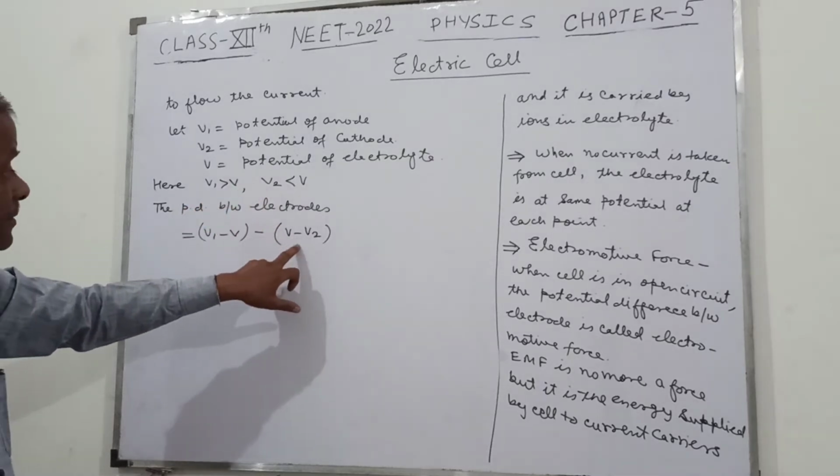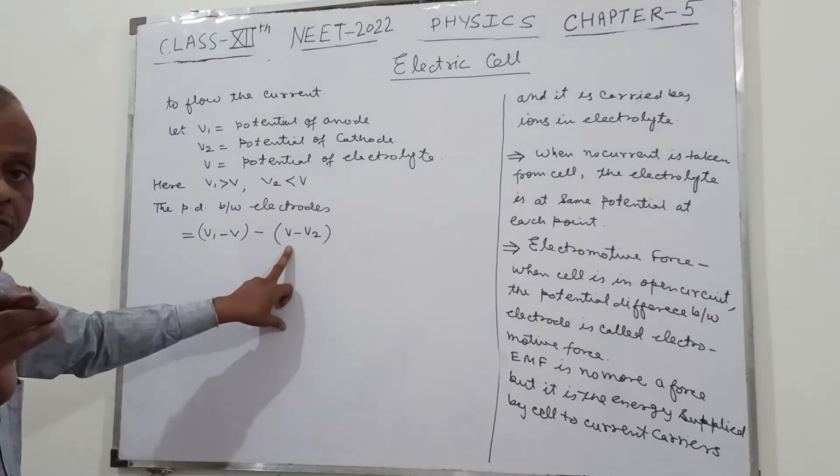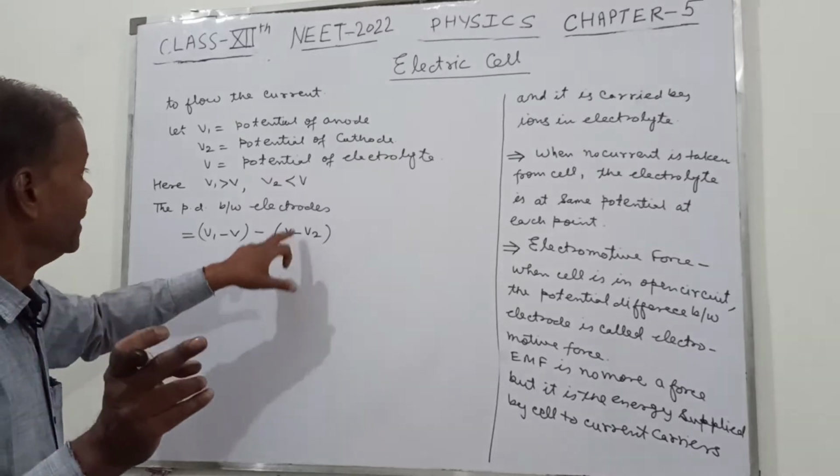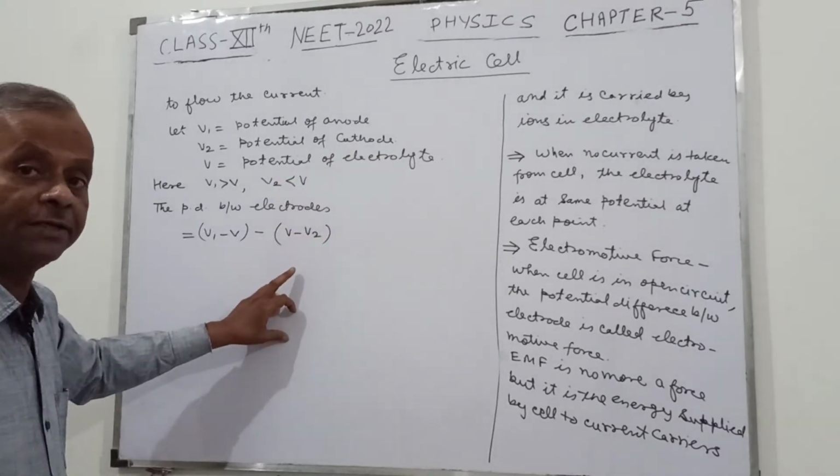So we are having the potential difference between the anode and the electrolyte, and that of the electrolyte and the cathode.